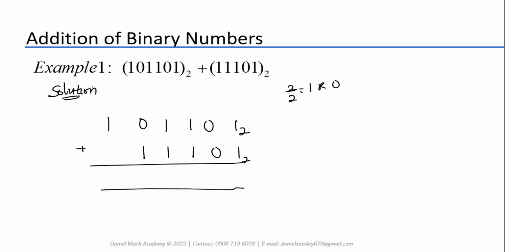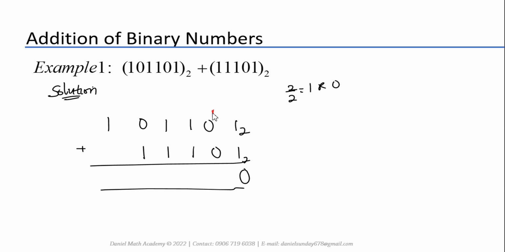All right, so 1 plus 1 is 2, so this is 0 here, and then remember the 1 is coming over to here. So take note, please. This 1 is coming here. That is what I'm carrying.